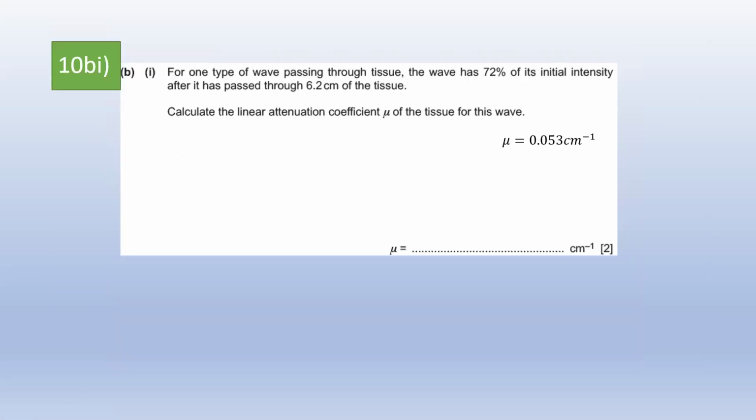One type of wave passing through tissue, the wave has 32% of its initial intensity after passing through 6.2 cm of the tissue.